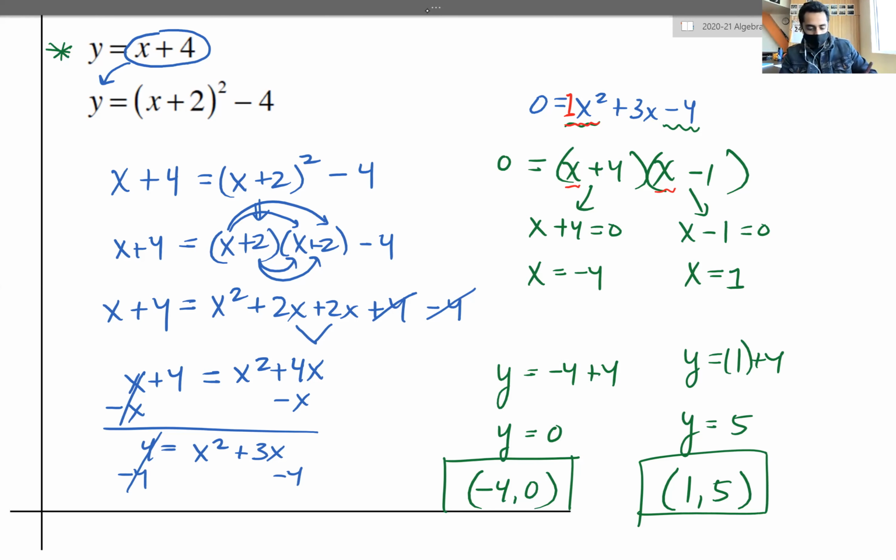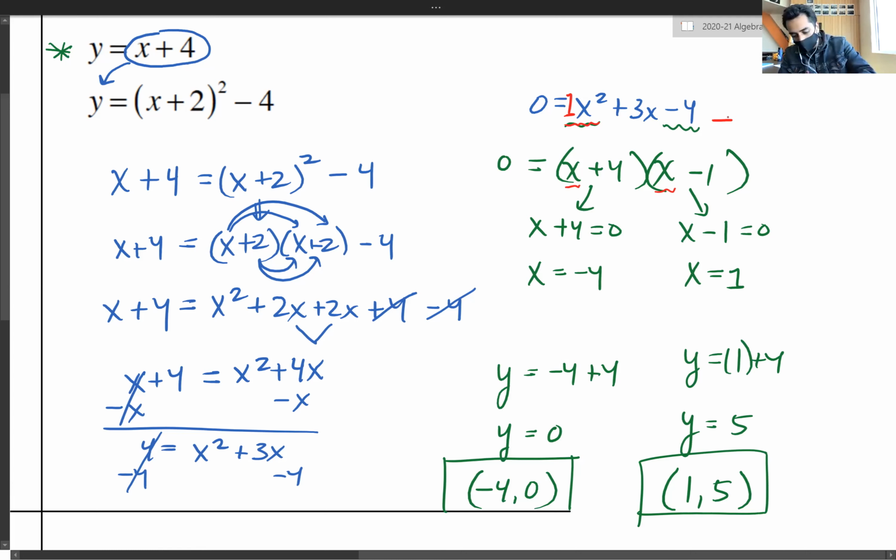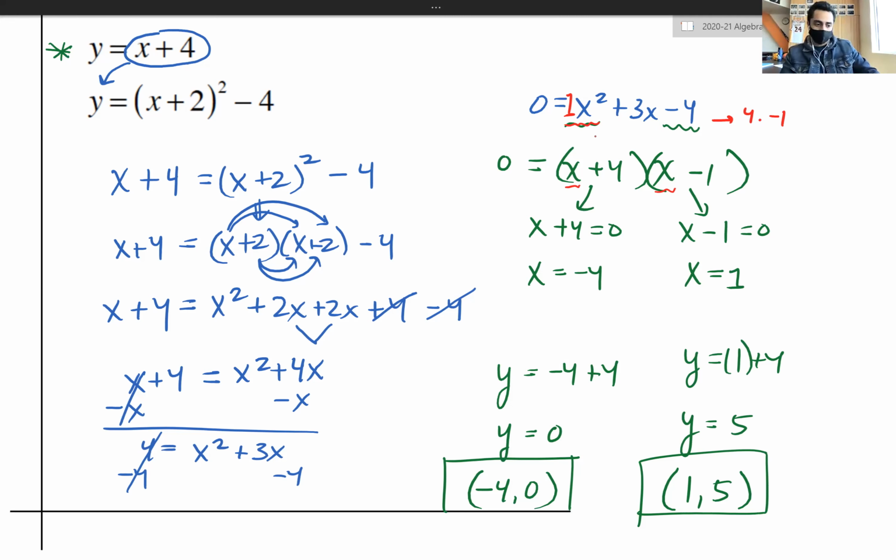So two numbers that do that would be 4 times negative 1. 4 times negative 1 gives us negative 4, but they add up to be positive 3. So that's how I ended up factoring. Okay, this is the traditional method for factoring that I taught you in Unit 4. All right, any questions on number 2?